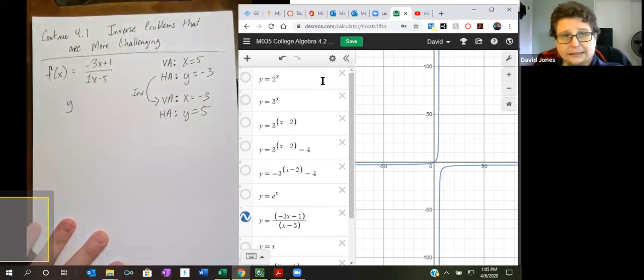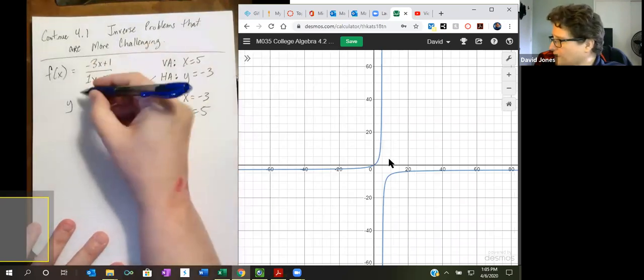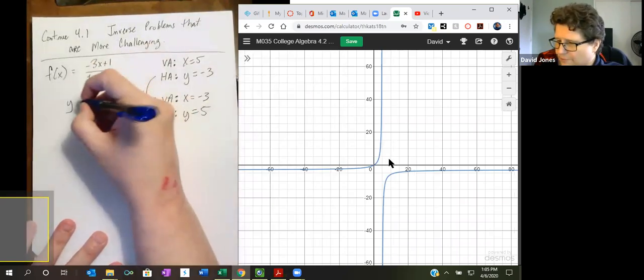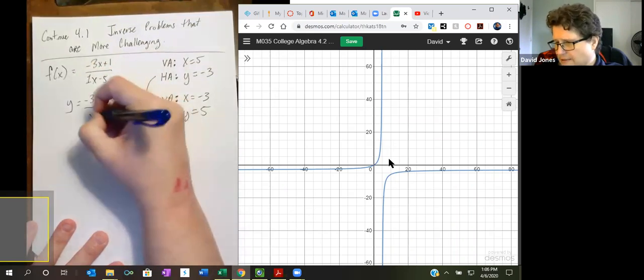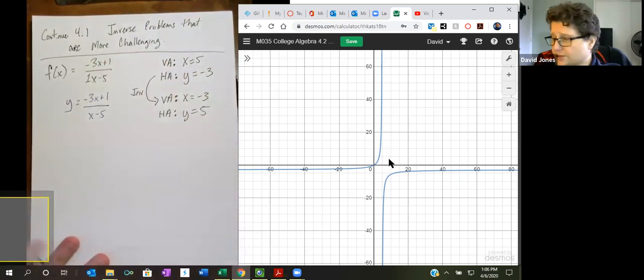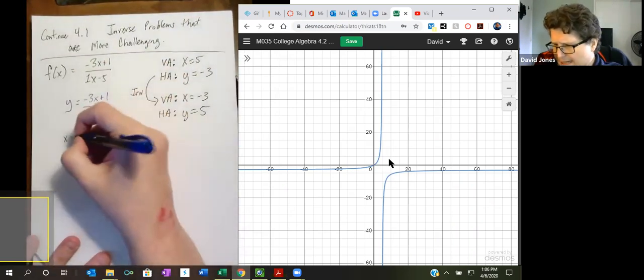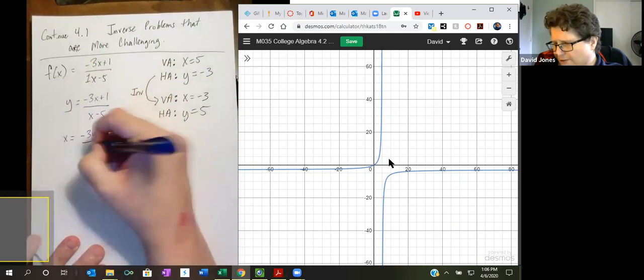Let's make that bigger so we can actually see what it looks like. We've got y equals; we're replacing f of x with y. And then we're going to interchange x values and y values. So this becomes x, and this becomes negative 3y plus 1 over y minus 5.